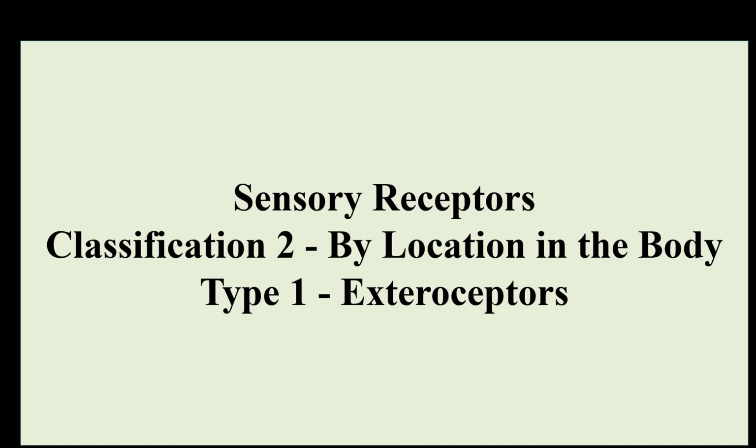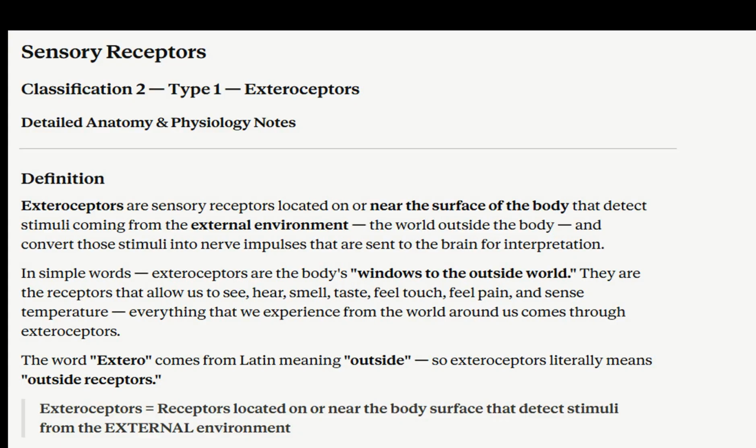Alright, so let's get started and see what exteroceptors are. The definition is very simple and straightforward. Exteroceptors are the sensory receptors located on or near the surface of the body that basically detect stimuli coming from the external environment. As its name suggests, exteroceptors relate to the external environment.